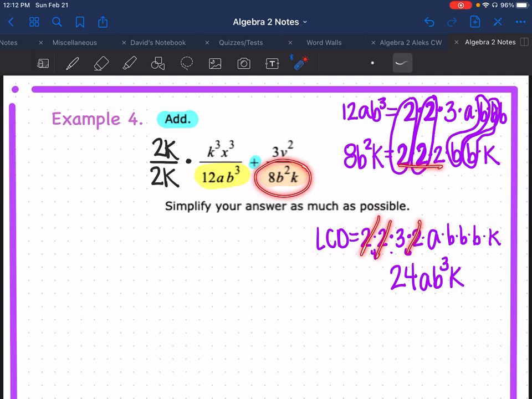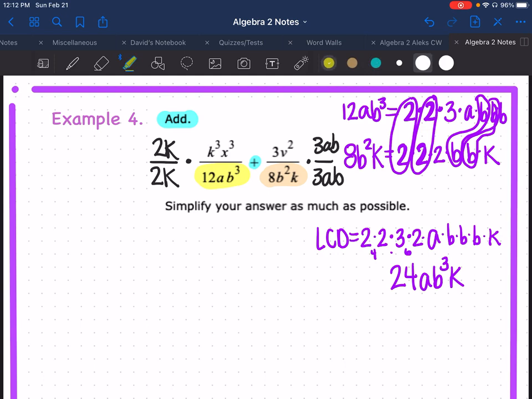Cross them out. I need the 3. I need to get rid of 2 B's, and I need to get rid of a K. So notice what's left. I need a 3, I need an A, and I need a B to get to my new denominator, 3AB. What I do to the bottom, I do to the top. Now take a look. These are still coming from what's left, right?